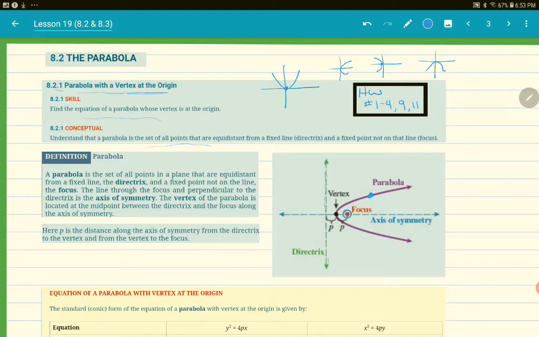Any point on the parabola is the same distance from the focus as it is from the directrix. That's kind of obvious right here at the vertex. You can see the focus is that far away and the directrix is exactly that same distance in the other direction.